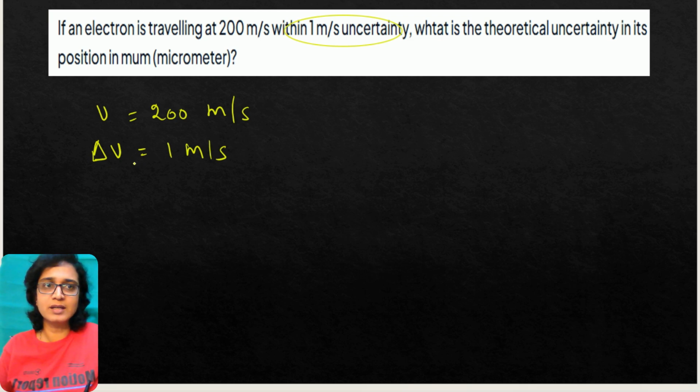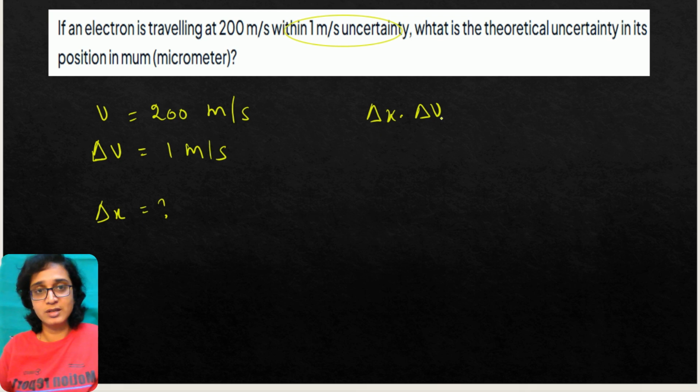What is the theoretical uncertainty in its position? So position uncertainty we have to calculate. According to Heisenberg, the uncertainty in position and uncertainty in velocity, delta x into delta v, will be equal to h by 4 pi m.